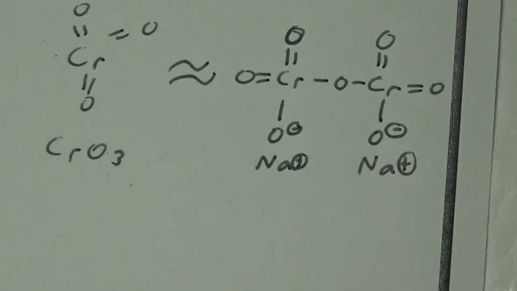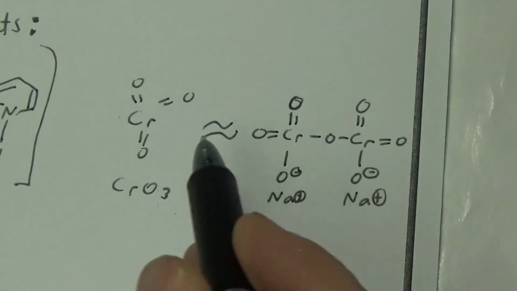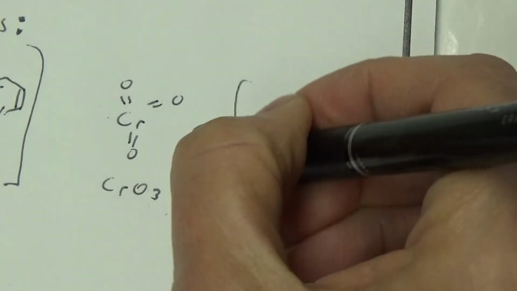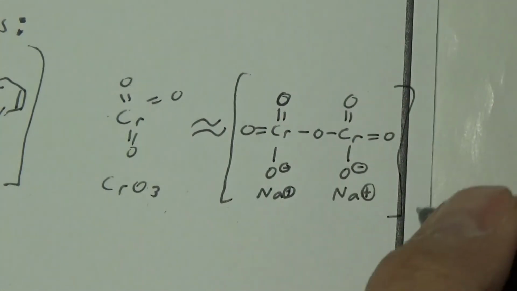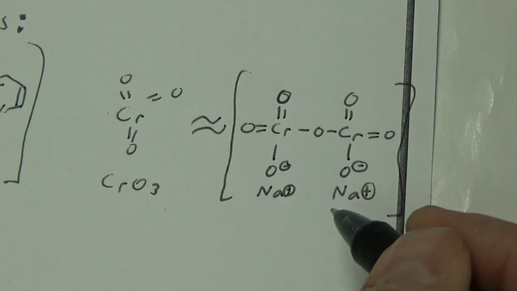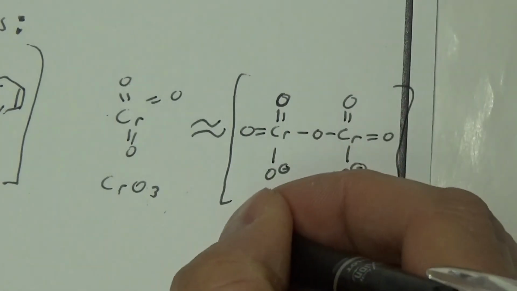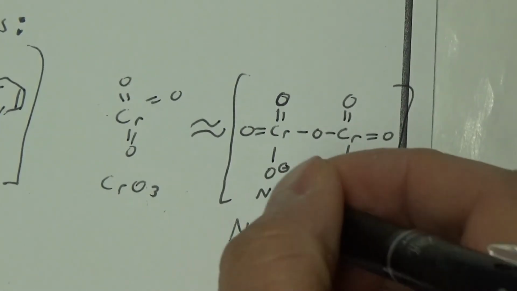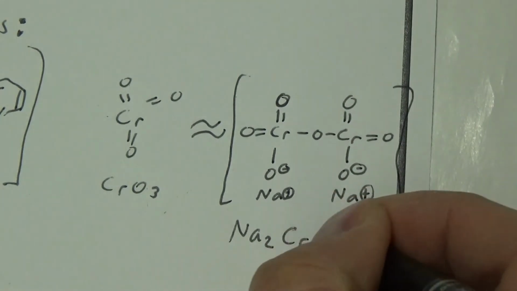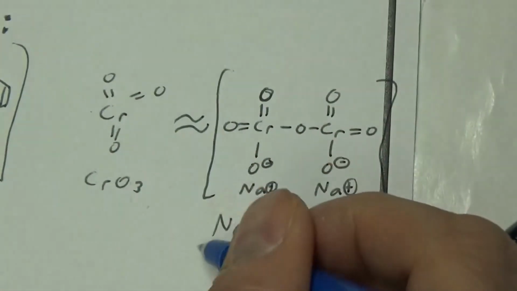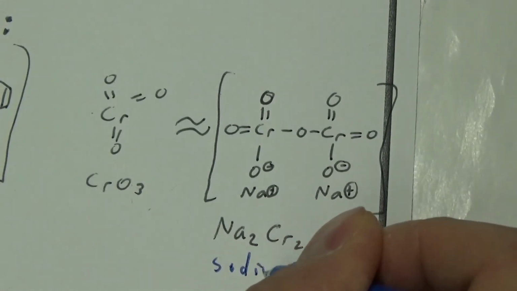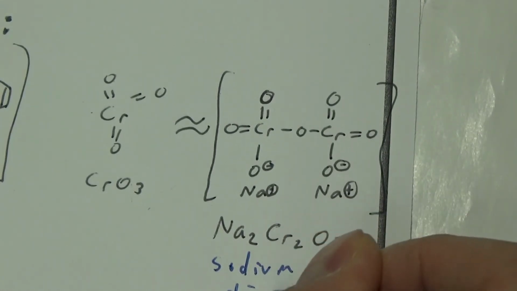Crazy structure. But these basically do the same exact thing. And this is a complex, and its molecular formula is Na2Cr2O7. It's also called sodium dichromate.